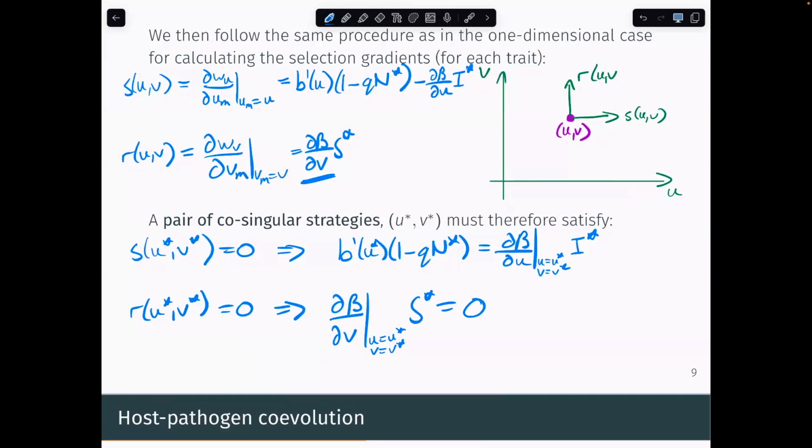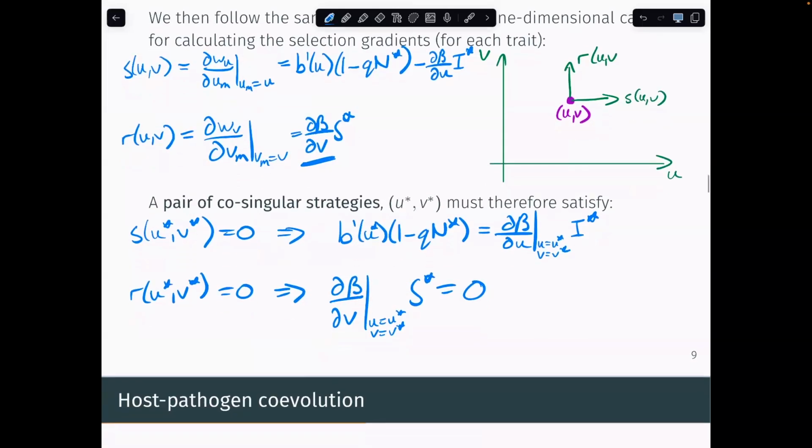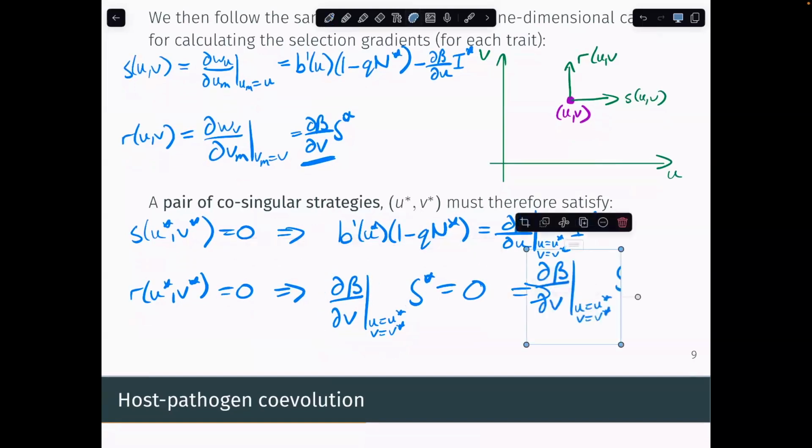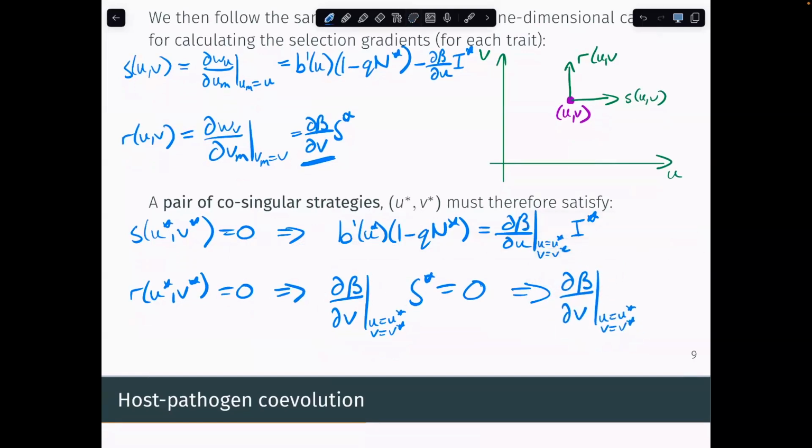But S star is just our density of the susceptible population, and this can't be equal to 0, otherwise we'll end up in a trivial scenario. Our hosts are extinct, right? So this tells us that this gradient here must equal 0. S star is always positive.